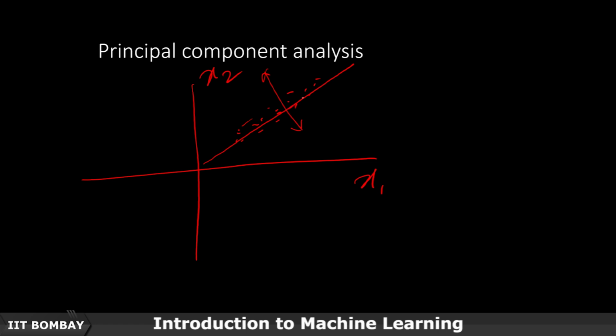Then finding this line, some linear combination of x1 and x2, will give you that composite variable that captures the essence of x1 and x2 taken together.